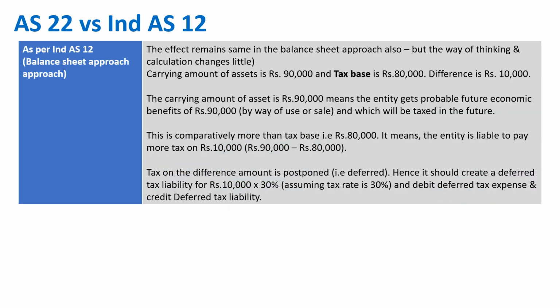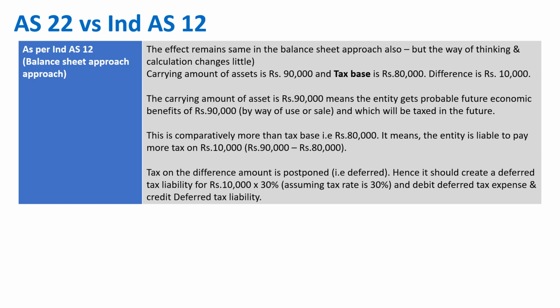Try to understand how Ind AS 12 is different compared to AS 22. In the beginning we understood that AS 22 follows the profit and loss account method, whereas Ind AS 12 follows the balance sheet approach. The effect remains the same in the balance sheet approach, but the way of thinking and calculation changes a little. The carrying amount of the asset is 90,000 rupees and the tax base is 80,000.